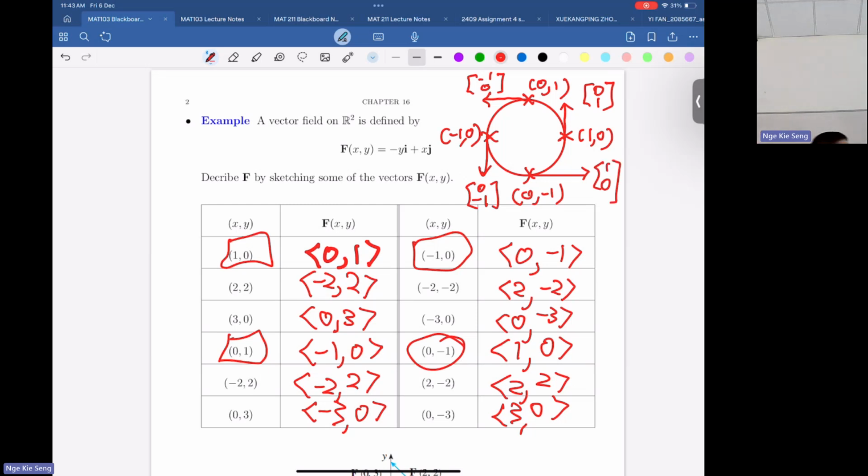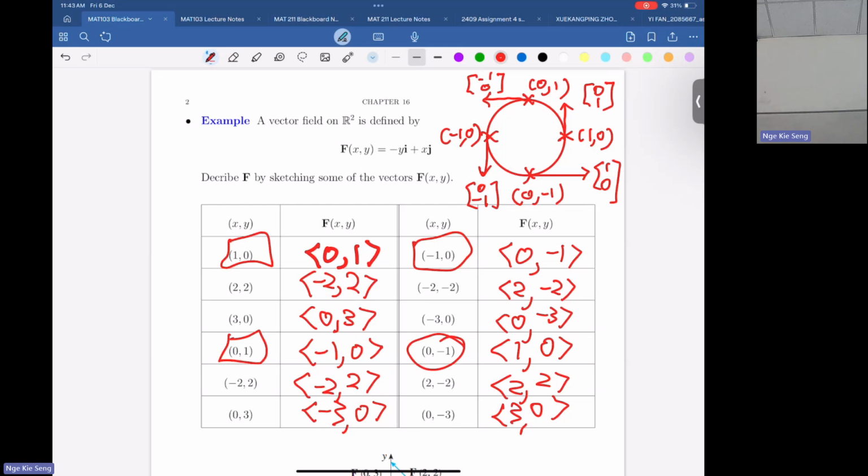Okay, notice that there are a lot of brackets, round, angled, square. What's the difference between these brackets? Usually for points, we use a round bracket.